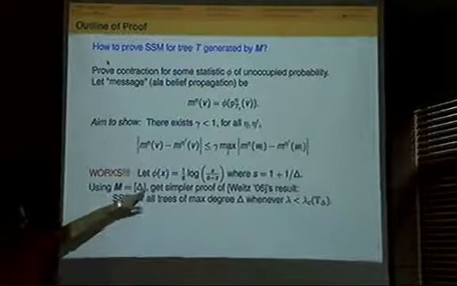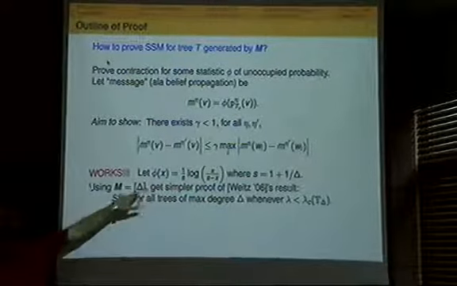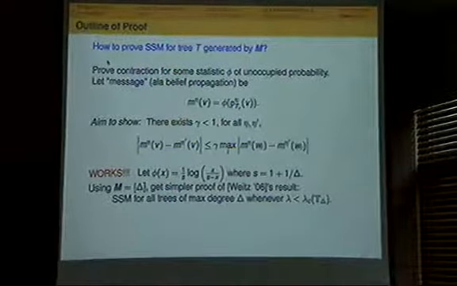We have a more complicated M. We can try to use the same statistic for this more complicated M to get it for this other family, and that's what we do.